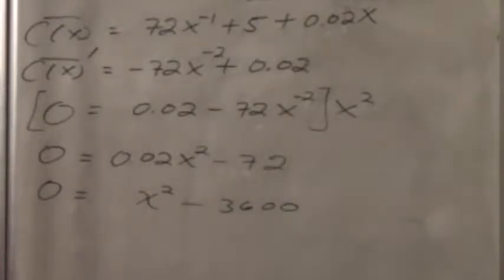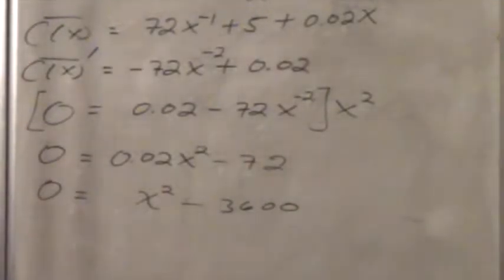This gives me 0 equals x squared minus 3600.